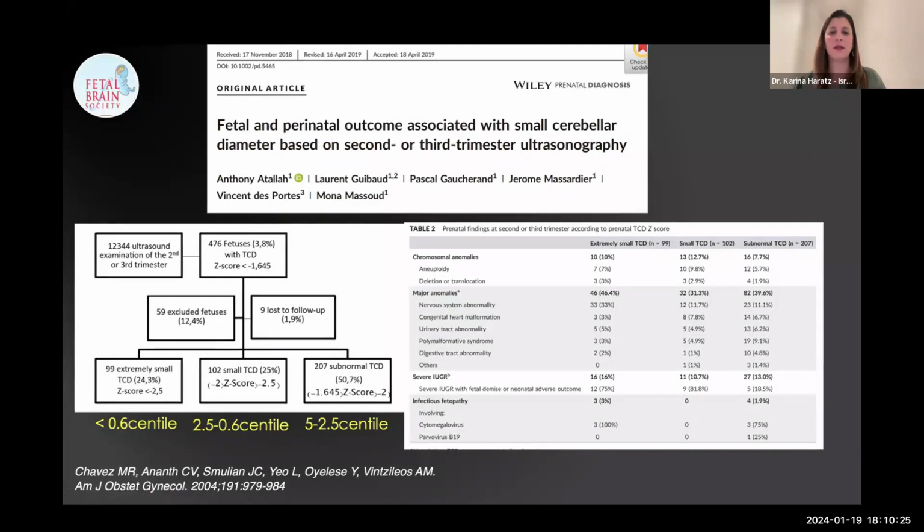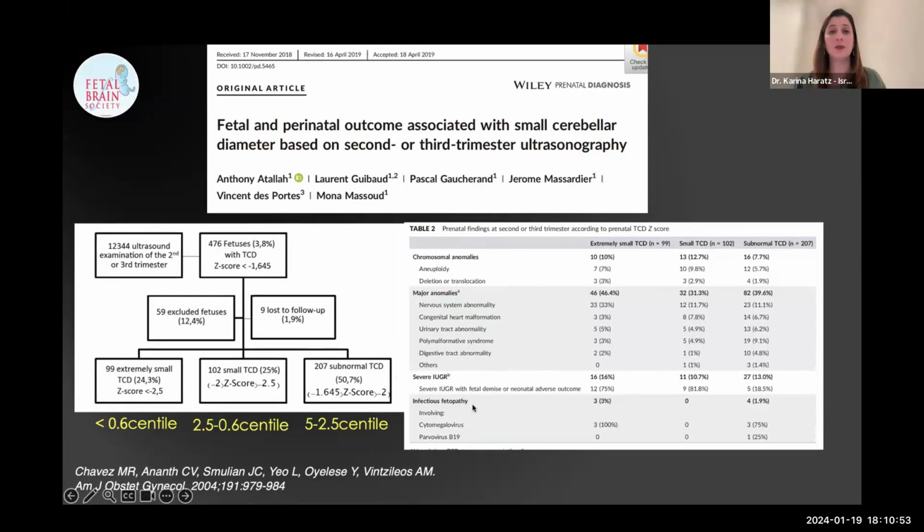And they have stated also the associated findings that were highly present whenever the TCD was below the 5th centile, and the smaller the TCD, the higher the prevalence of these abnormalities, either chromosomal, remembering our trisomy 18, but also Down syndrome, okay? Major abnormalities of CNS and other systems, severe IUGR.